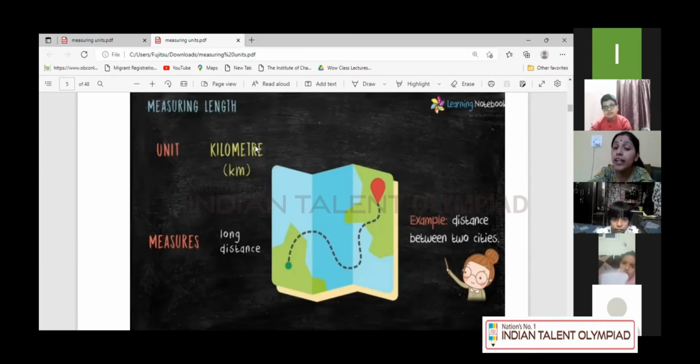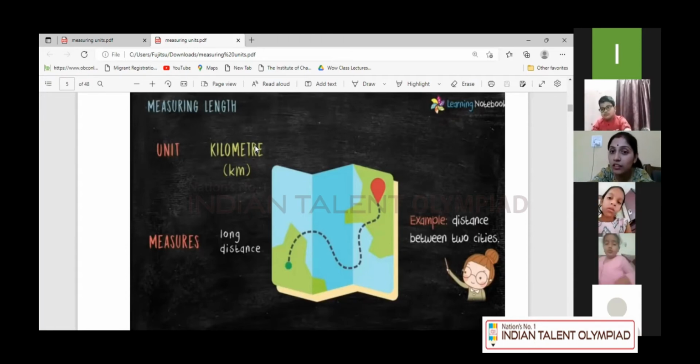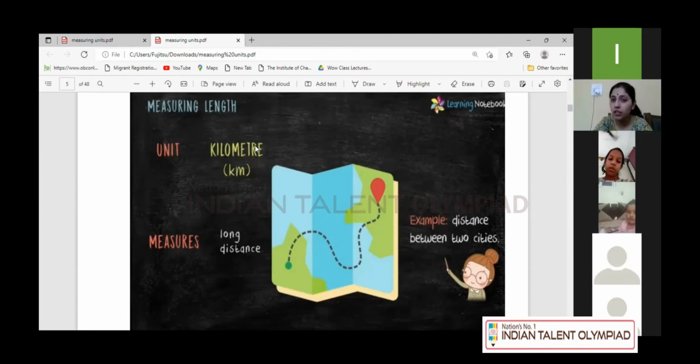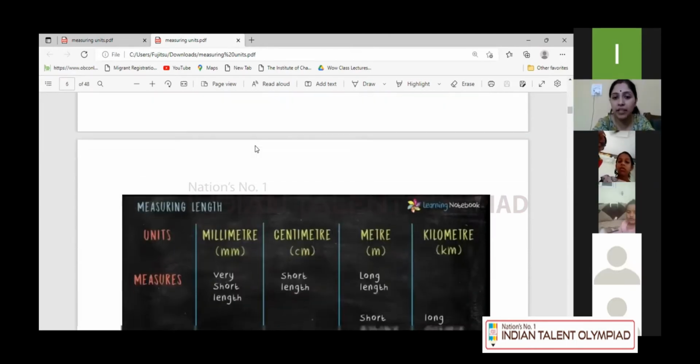You will say 250 kilometers, right? For that we use kilometer. To measure a long distance, what do we use? Kilometer.